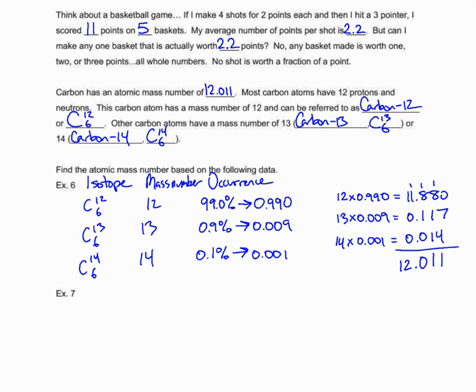This type of average, this is probably your main takeaway, this type of average considers how often do we see it, or what is its importance. Not just what is the average of these, but how does it relate to how important it is, or how often we see it. And that's how we get 12.011.